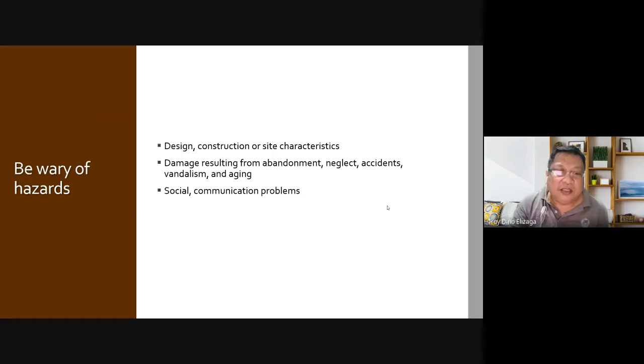There are also hazards in terms of social and communication problems. Communication, if you cannot ask for help because there's no signal, or there's also the problem with some people within the site who might be rude or hostile to the team or to you.